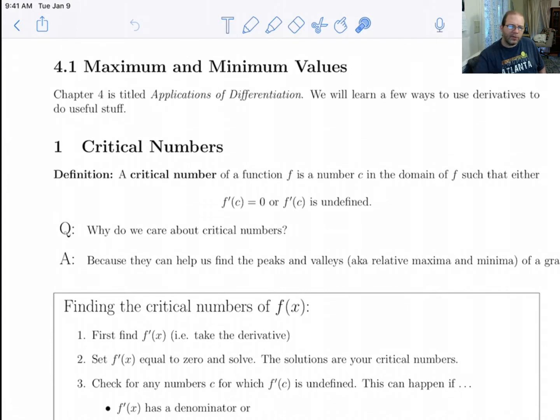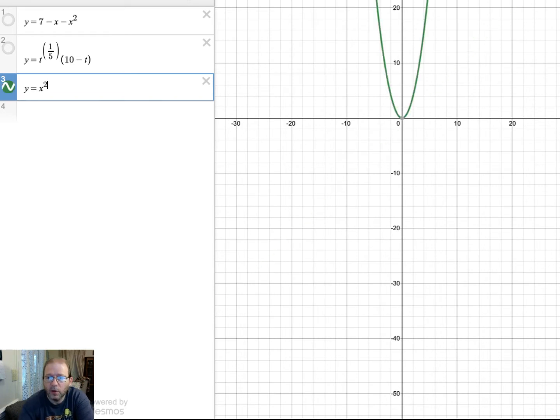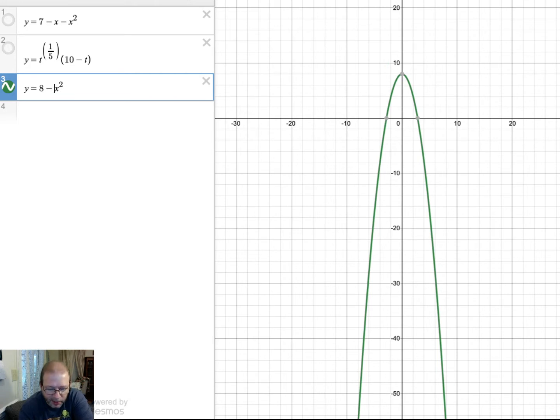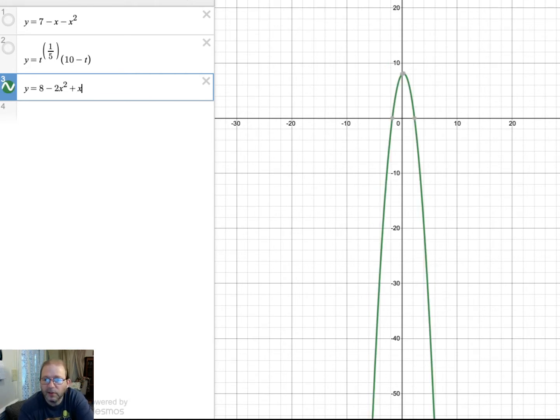Now why do we care about critical numbers? Because critical numbers help us find the maximum and minimum values of a function. If we look at a function like y equals x squared, or let's turn this around, make it into some random parabola.